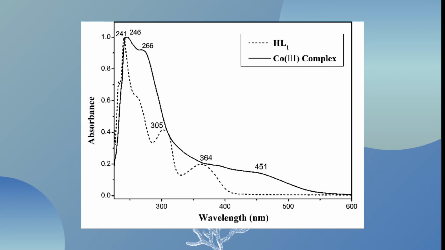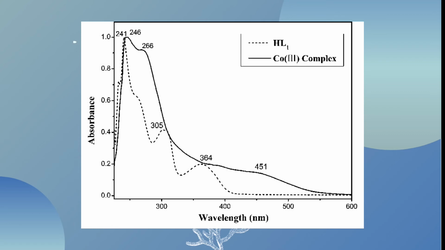An important feature of the absorption spectrum of HL1 was that 3 absorptions were observed at 241, 305, and 364 nanometers respectively. The latter absorption peaks were absent in the spectrum of the cobalt-3 complex.